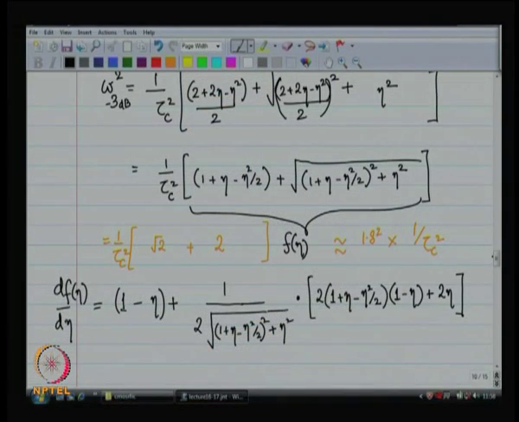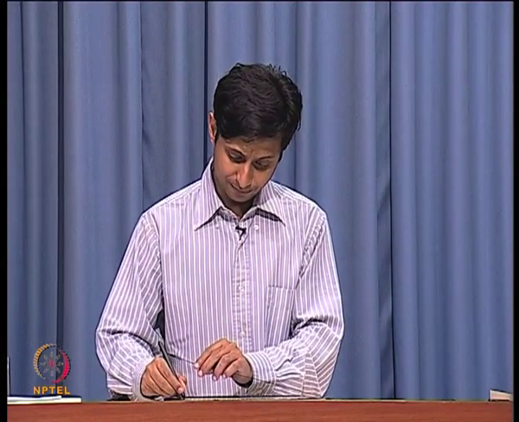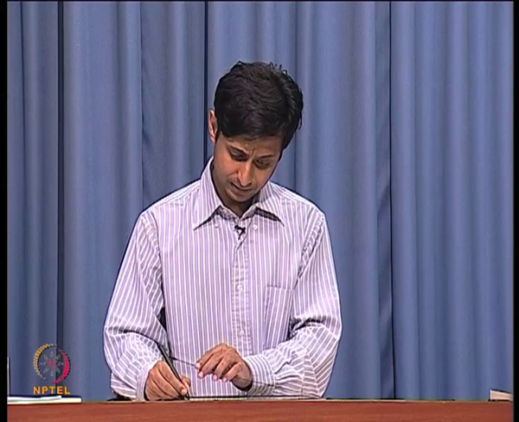All right. So, we are going to summarize over here what we have seen over the last couple of classes: basic techniques of improving the bandwidth, of making wideband amplifiers.